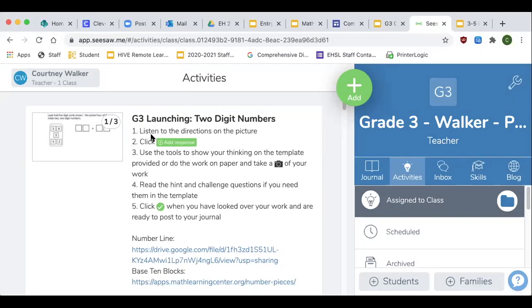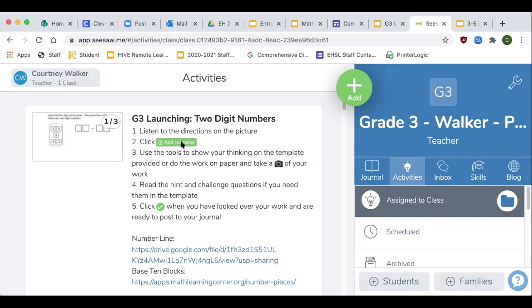So it does say listen to the directions on the picture, but as we learned yesterday, we think whoever created these slideshows forgot to read the directions out loud to us. So I'm going to read the directions on the picture to you now and remind you where you can find the directions in your problem today.